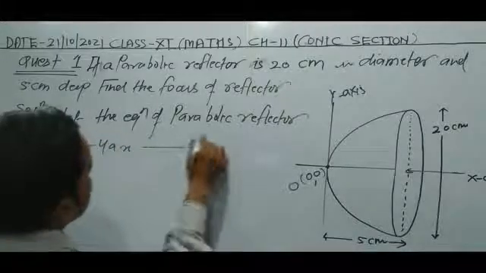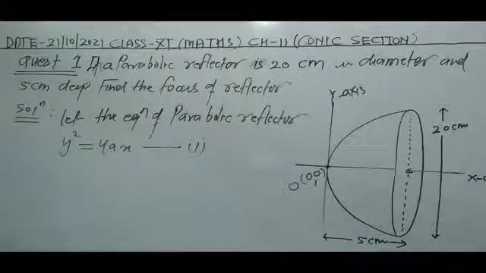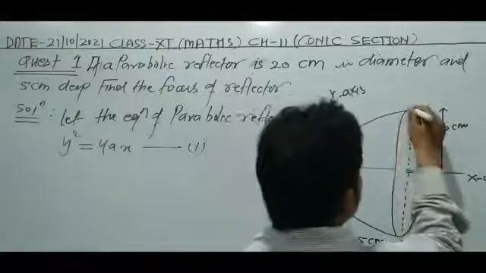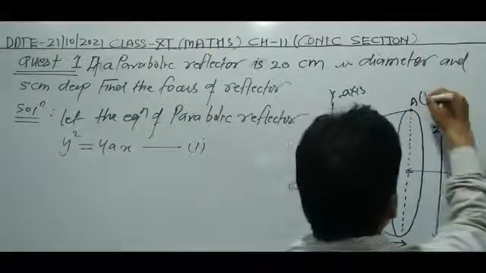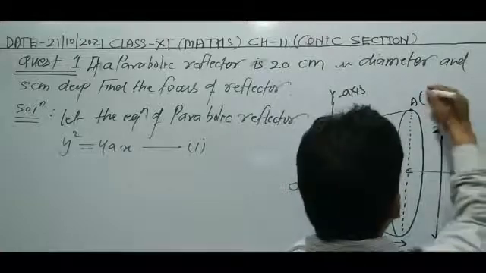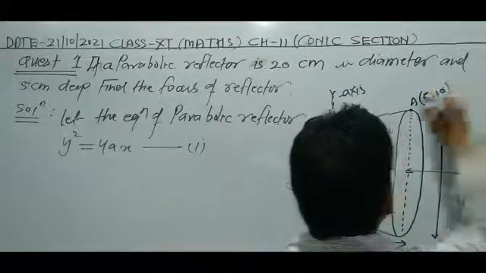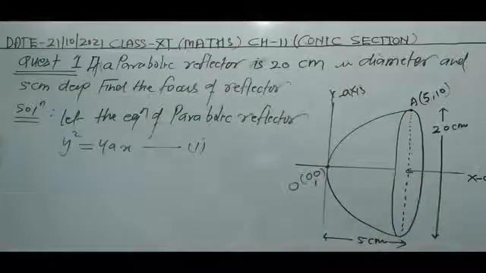Consider this equation 1. And now from the figure you can take this point A with coordinates 5, 10. This is 5, 10.